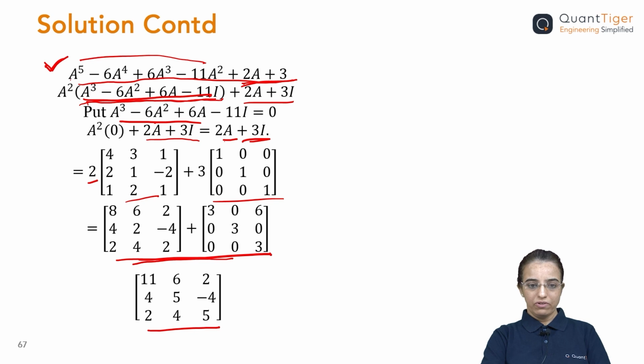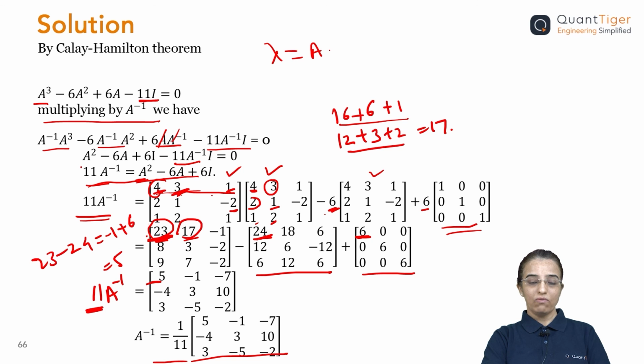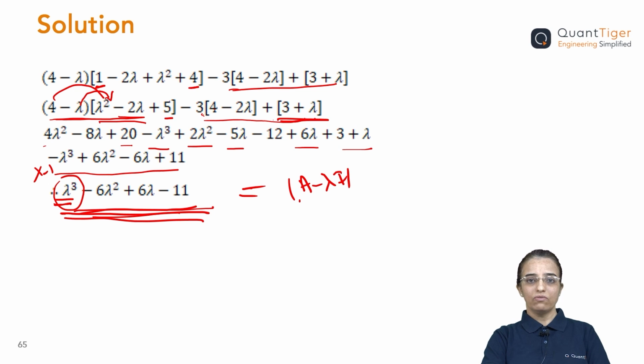So this is how we have used the Cayley-Hamilton method to find the inverse and to find the value of given expressions. So यहाँ पे आपको याद जो रखना है वो है characteristic equation जो यहाँ पे हमने use किया है. Other than that, we have simply used the determinant, and how to simplify the determinant.